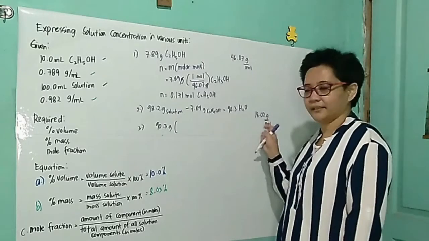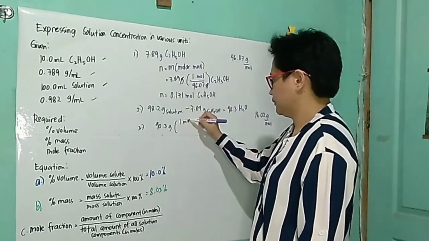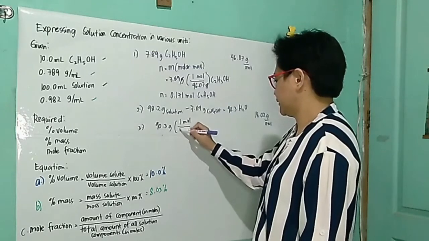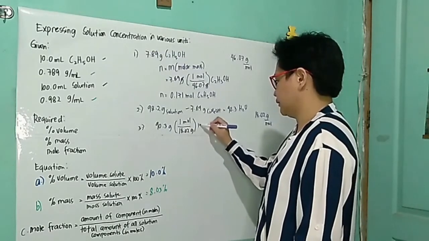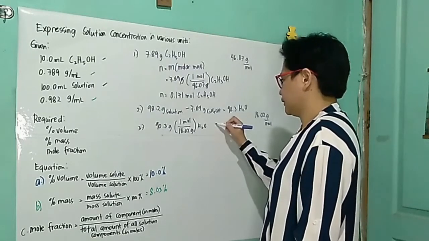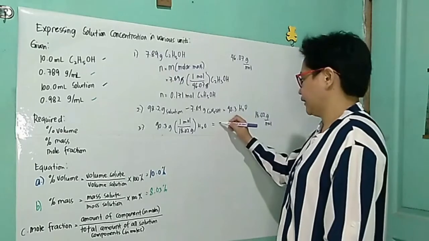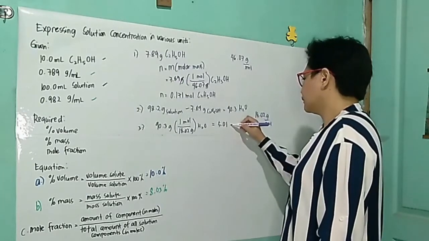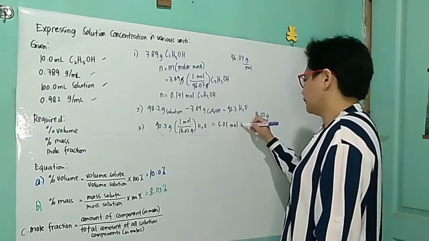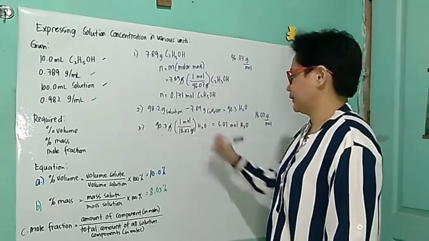Again, we can invert this value to 1 mole over 18.02 grams of water, which will give us a value of 5.01 moles of water. Grams will cancel.